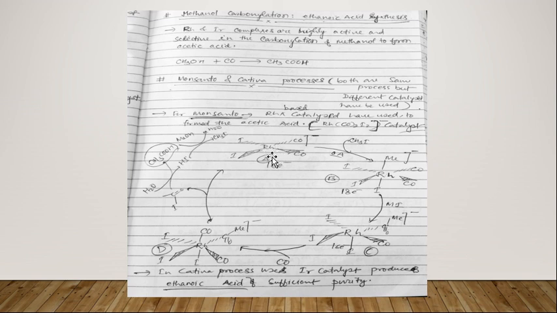This is a rhodium based complex, 16 electrons, and the second step forms through oxidative addition of this methyl iodide.